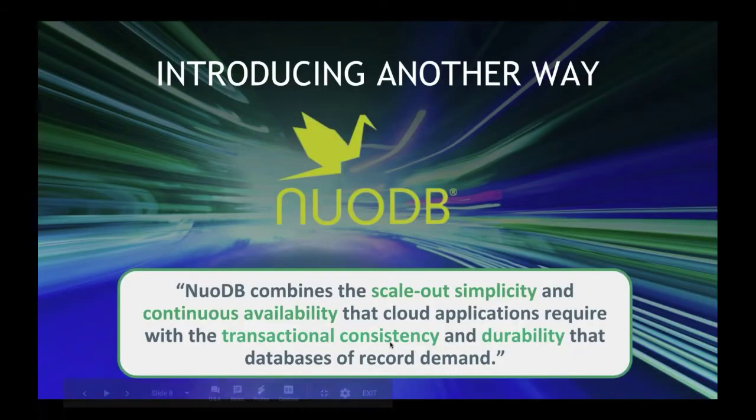So what we're introducing is that NuoDB effectively is that SQL database product that allows you to move to the cloud, still gain all of the scale out and simplicity and continuous availability benefits that the cloud apps have to offer, but at the same time, still maintain transactional consistency and durability that SQL databases, production enterprise databases demand.